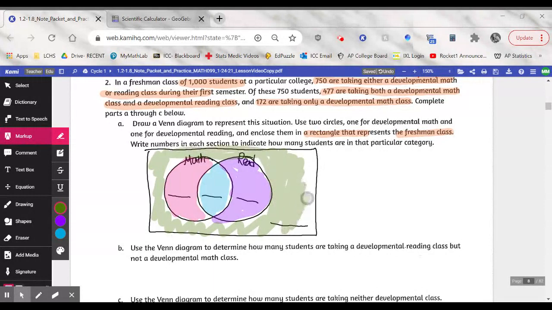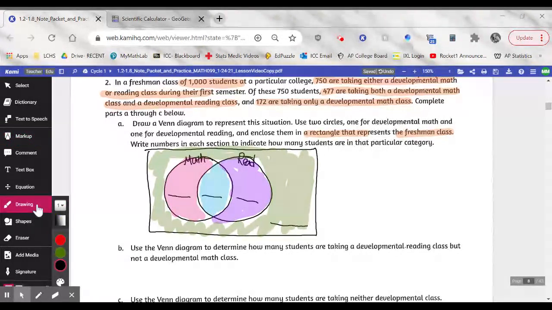Okay, so when I look at the fact that I've got 4 different places where I'm going to label with numbers, I want all 4 of them to end up equaling all of the students.